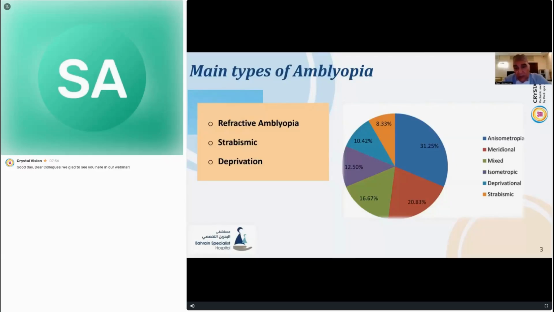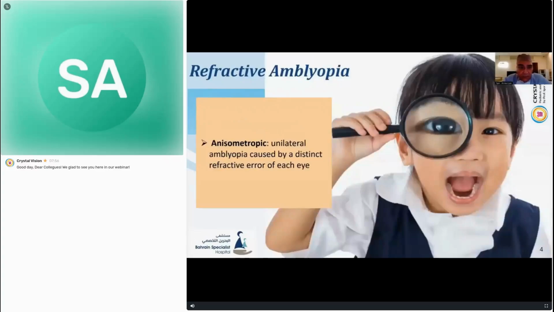As you can see, the most common cause of refractive amblyopia is anisometropia. Anisometropia, also known as unilateral amblyopia, typically occurs when one eye is optically more preferred than the other, and accordingly, the images from the more optically preferred eye become more complementary to the visual cortex, while the images from the less optically preferred eye are inhibited.